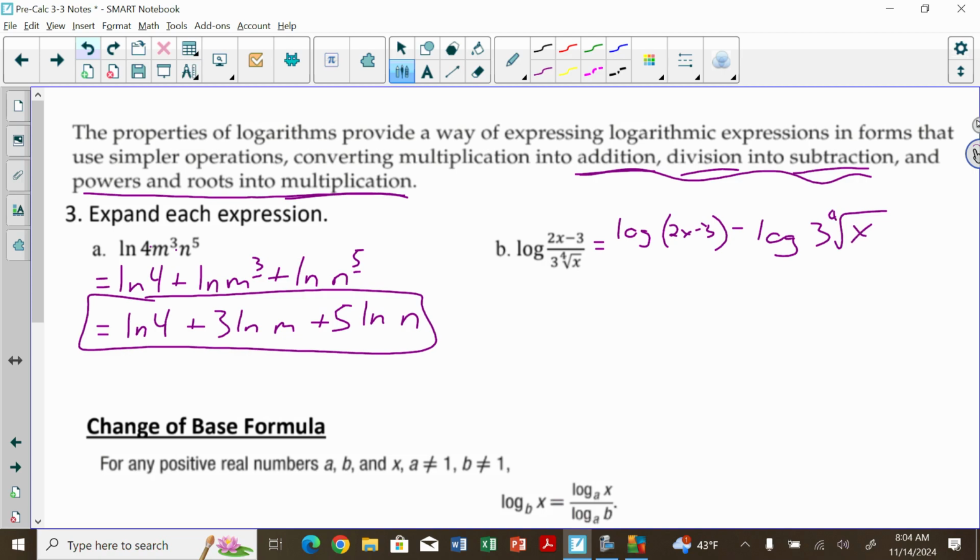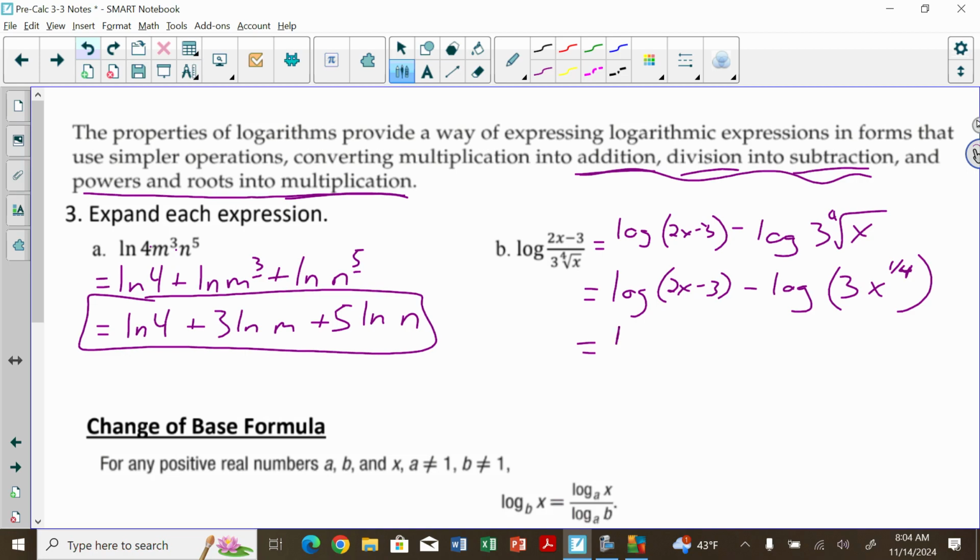Okay. All right, so I'm going to rewrite this. The first term is going to stay the same, but I'm going to rewrite the second term, changing that 4th root into a power. I'll put that in parentheses and say 3 times x to the 1/4 power, because it's a 4th root.